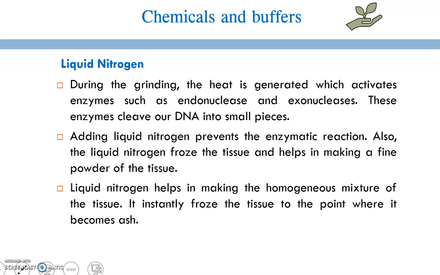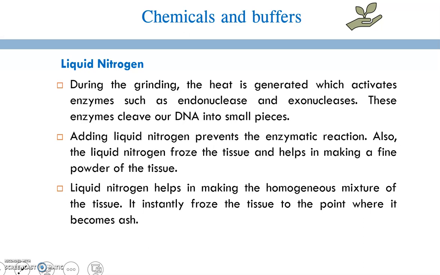One of the important chemicals is liquid nitrogen. During the grinding, heat is generated which activates enzymes such as endonucleases and exonucleases. These enzymes cleave our DNA into small pieces. Adding liquid nitrogen prevents the enzymatic reaction of these endonucleases and exonucleases.